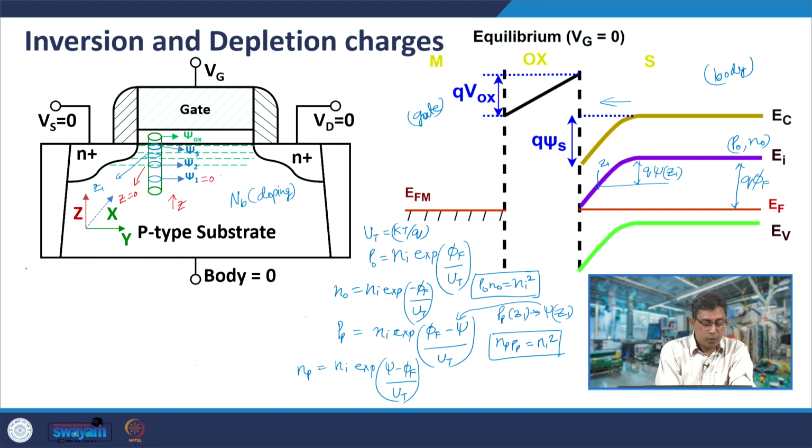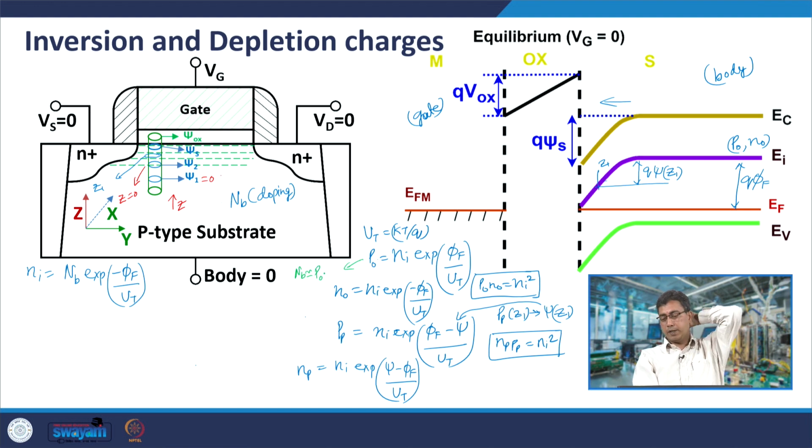Now, let us look at this Ni. So, you can write Ni as... you have just inverted this expression and you have just said that Nb, the doping density, is nearly equal to P naught, which is hole concentration deep inside the neutral P region.